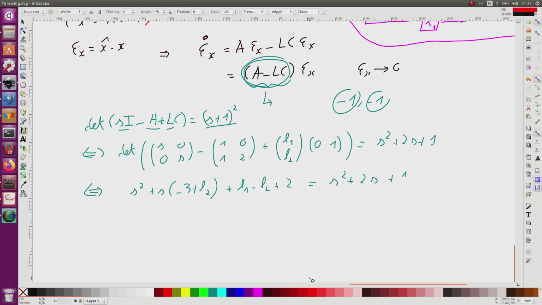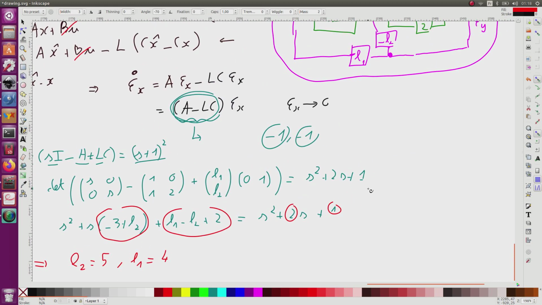Thus, this should be equal to that, and this to that. I get L2 equal to 5 and L1 equal to 4.